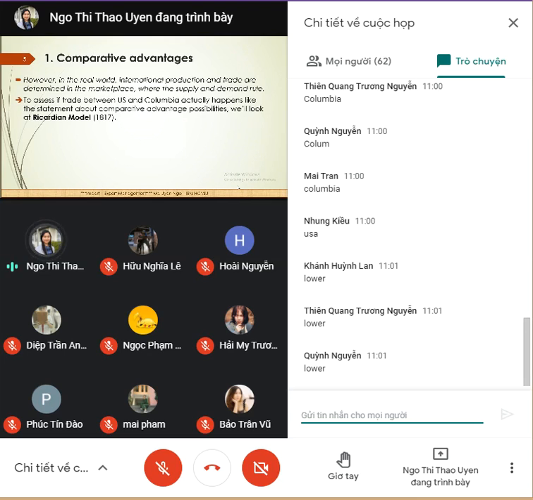So to assess if trade between the US and Colombia actually happens, like the statement that we have just studied about comparative advantages, we'll look at the Ricardian model. His name is Ricardo something, but I forget.